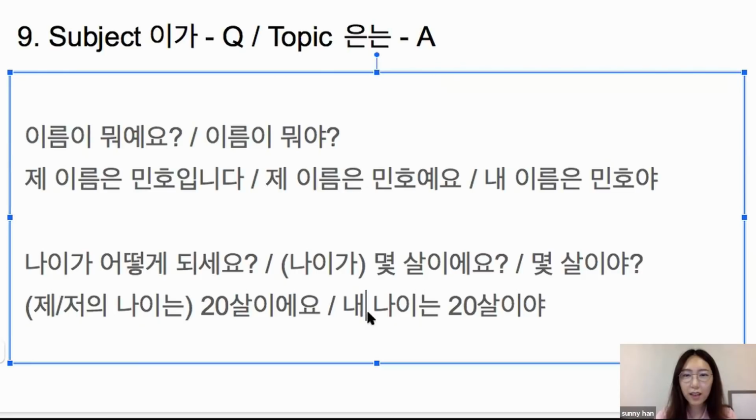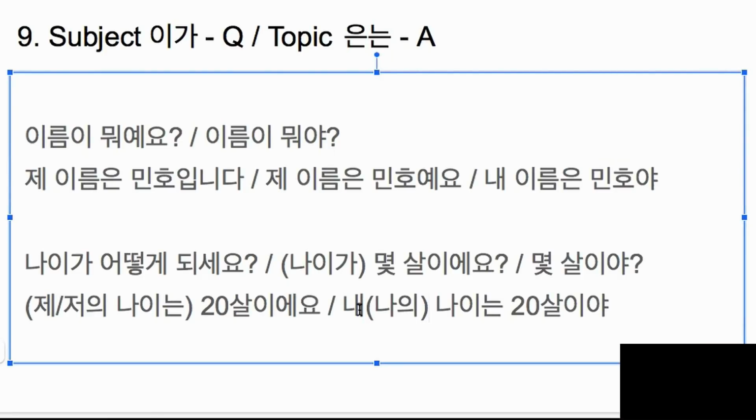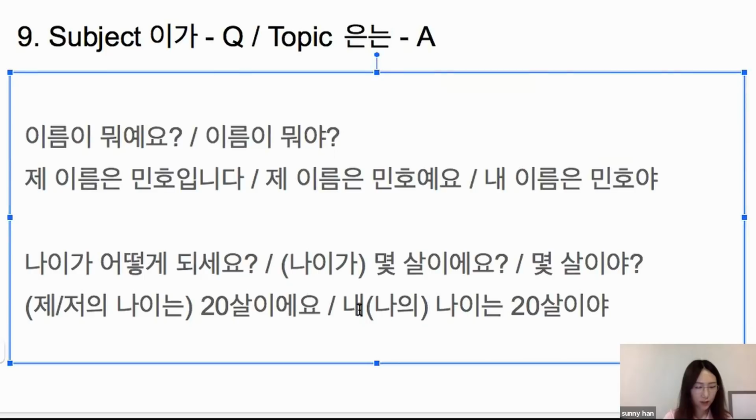So 내 is like 나의, right? The shortened way of 나의 is 내, informal. 내 나이는 20살이야. Very good.